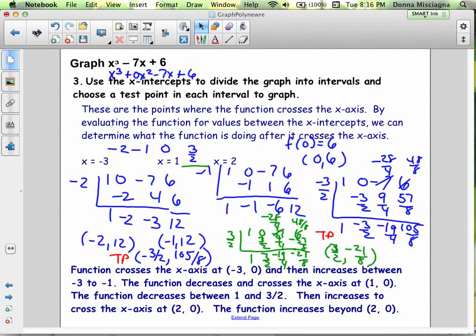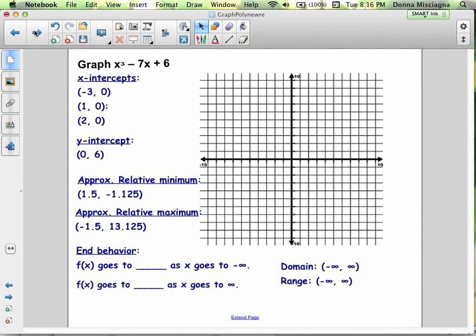Right, so let's look at all of our points again. So we had the 3 x-intercepts, negative 3, 0, 1, 0, and 2, 0. Our y-intercept is 0, 6. Right, so we had one relative minimum at 1.5 or 3/2. So this was 3/2 and negative 21/8.